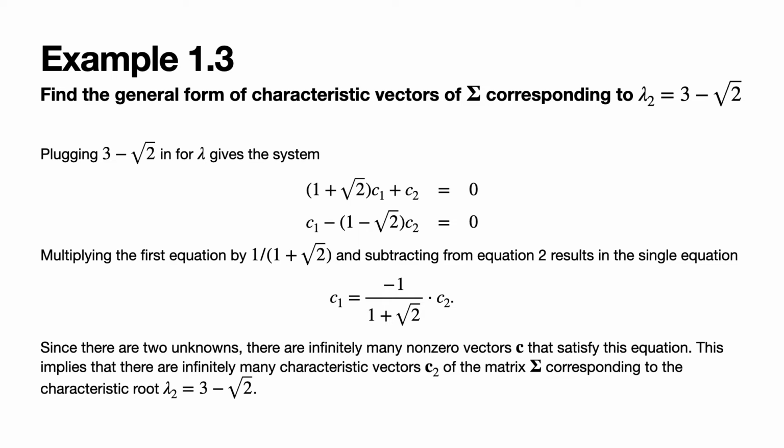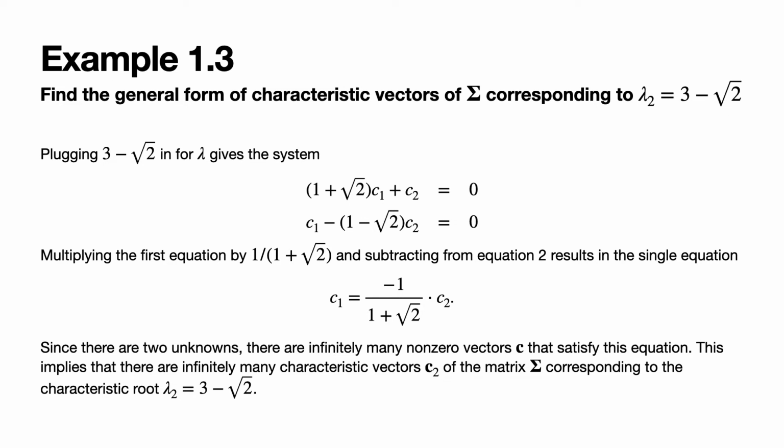Now, if we multiply the first equation by 1 over the quantity 1 plus the square root of 2, and then subtract the result from equation 2, we get the following single equation: C1 equal to negative 1 over the quantity 1 plus the square root of 2 times C2.